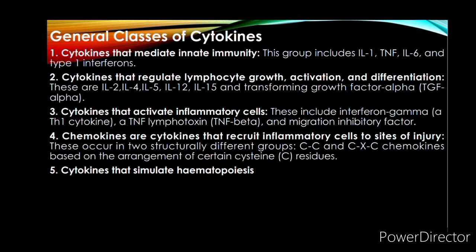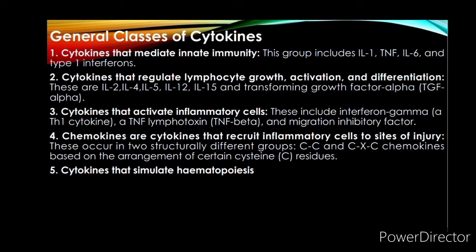Number 5, cytokines that stimulate hematopoiesis. Many cytokines derived from lymphocytes or stromal cells stimulate the growth and production of new blood cells by acting on hematopoietic progenitor or ancestor cells.